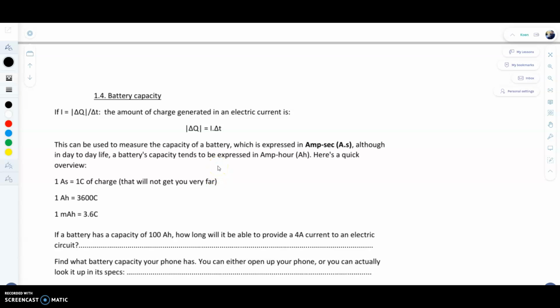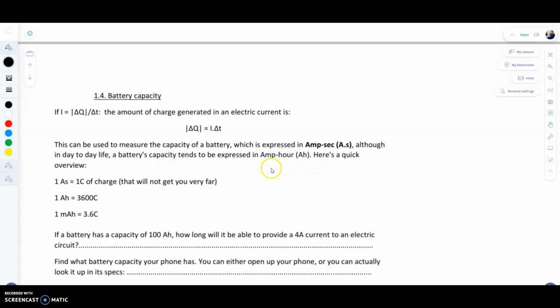So they use an alternative unit for battery capacity. It's often expressed as amp second, meaning how much amperage it can deliver for how many seconds. Although quite often they use amp hour as well, because a second is a bit short and hours is a more usable unit to figure that one out.